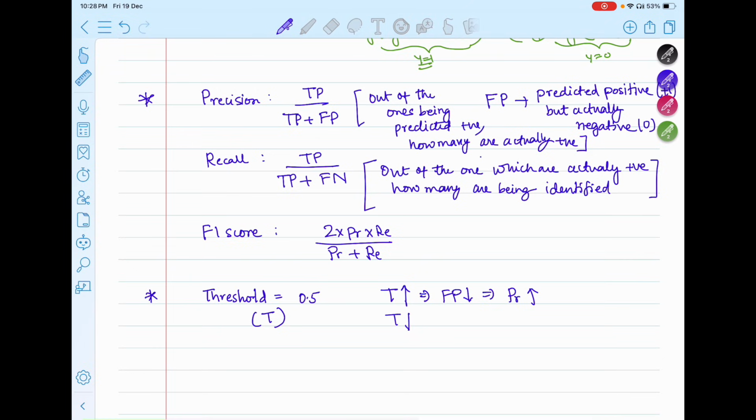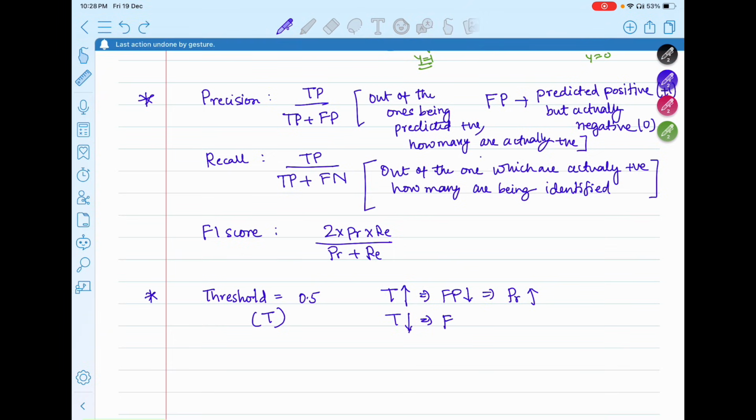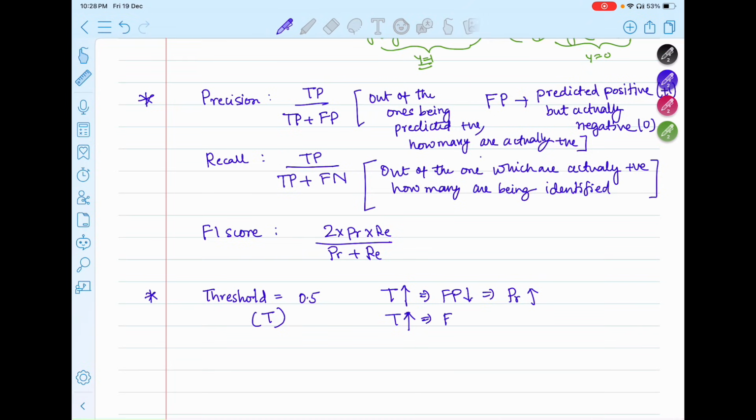Similarly, when threshold increases, the false negatives will increase, which means the recall will reduce. So this is the impact of the threshold on the precision and recall.